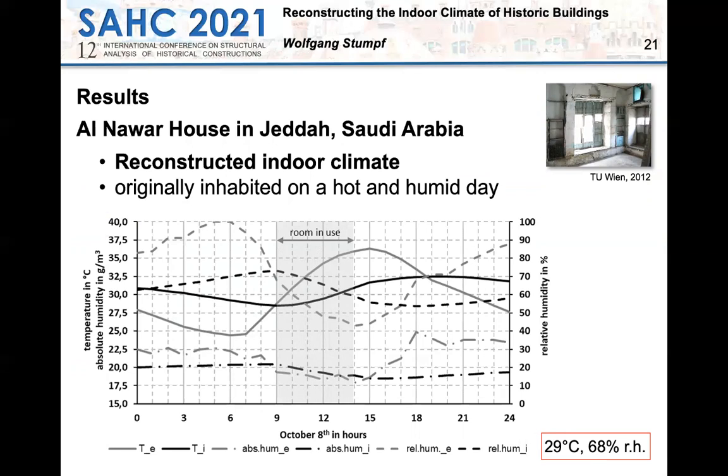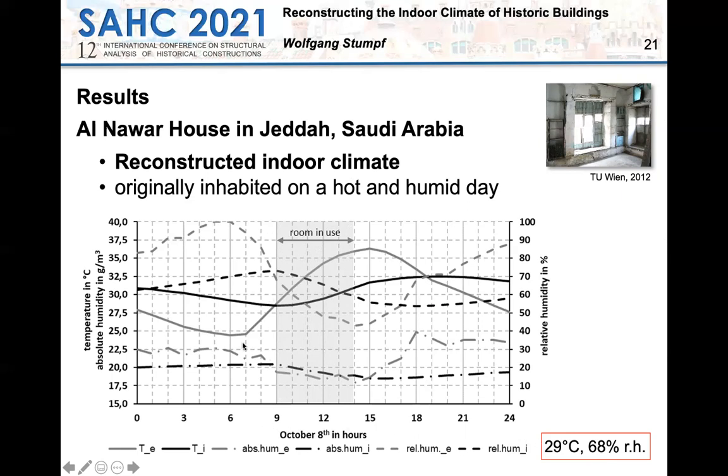A group of colleagues from Technical University Vienna did a building survey and historical research and material investigations here in the year 2012. So I got this information from my colleagues in the Technical University Vienna. I've never been there. I don't know this room in its realistic state. And so I reconstructed the situation when the building was still inhabited.